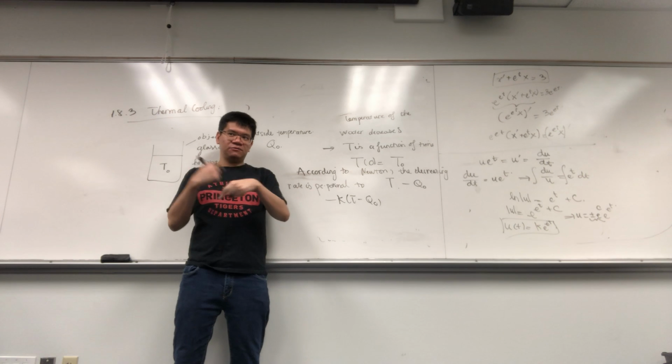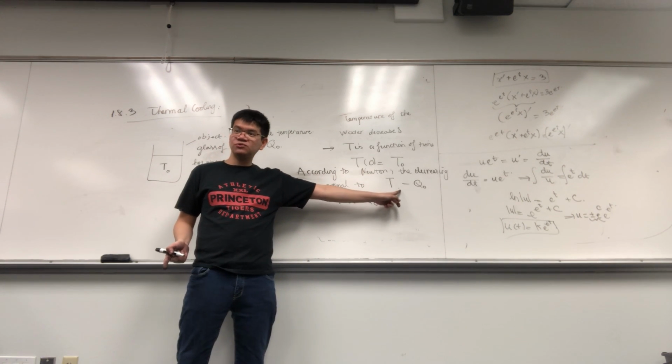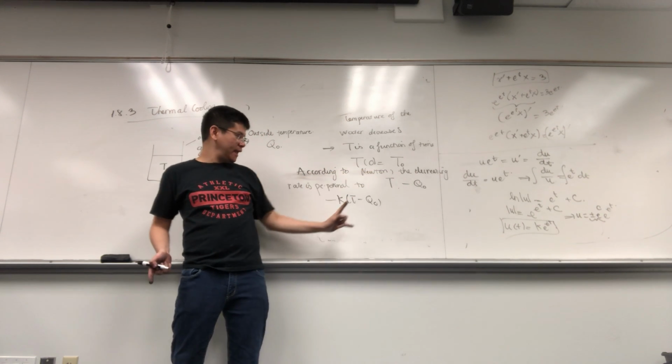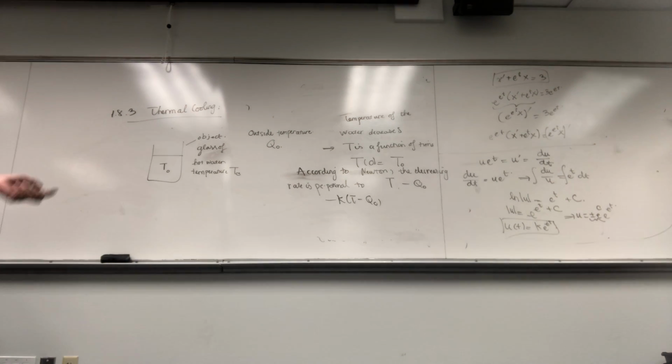According to Newton, the rate of decreasing of the glass of water is proportional to the difference between the temperature of the glass of water and the outside environment. So this is going to be minus k (T minus Q0). And we have an equation.